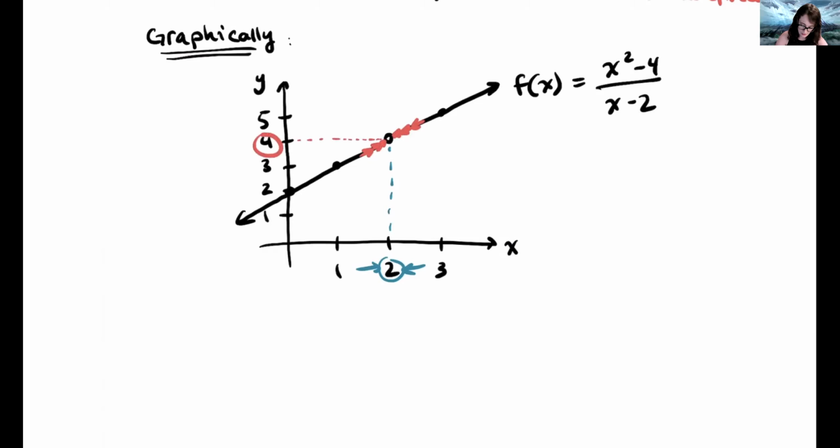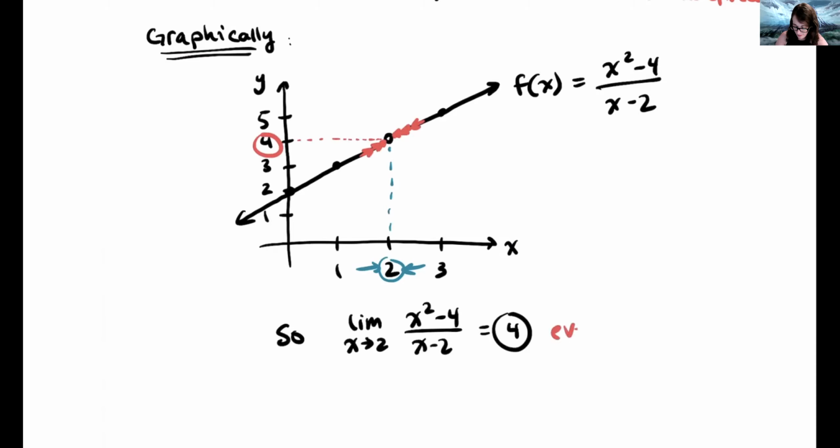So this is how graphically we would see that this limit as x approaches 2 of x squared minus 4 over x minus 2 is equal to 4. Again, even though there's a hole in the graph, the limit doesn't see this hole.